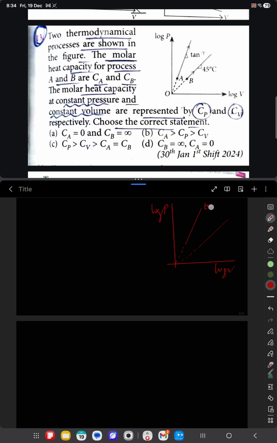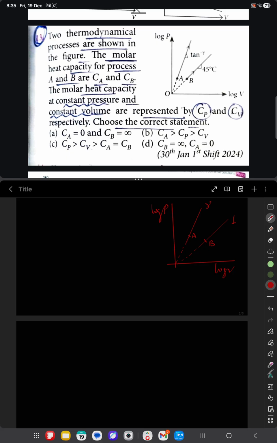This angle is given as tan inverse gamma. So if you find out the slope, it becomes tan of tan inverse gamma. So this one slope is gamma, and this one slope would be tan 45 degrees, that is 1. So this is for A and this is for B.